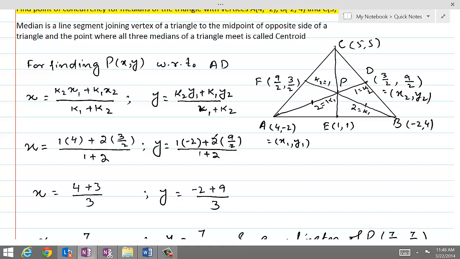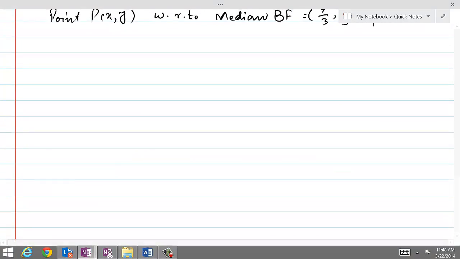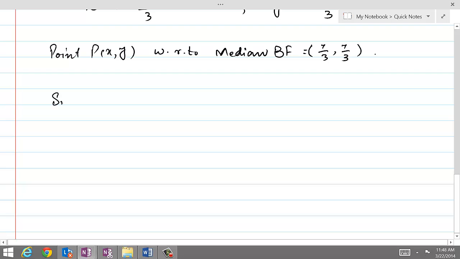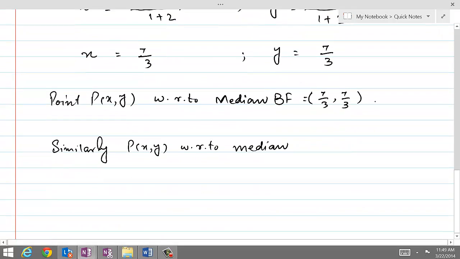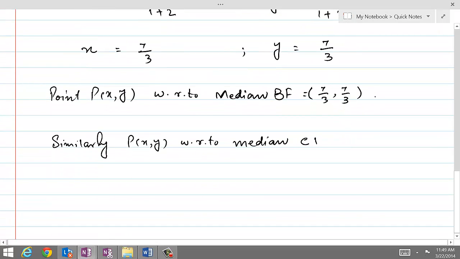Similarly, P xy with respect to median CE is equal to 7 by 3 and 7 by 3 again.